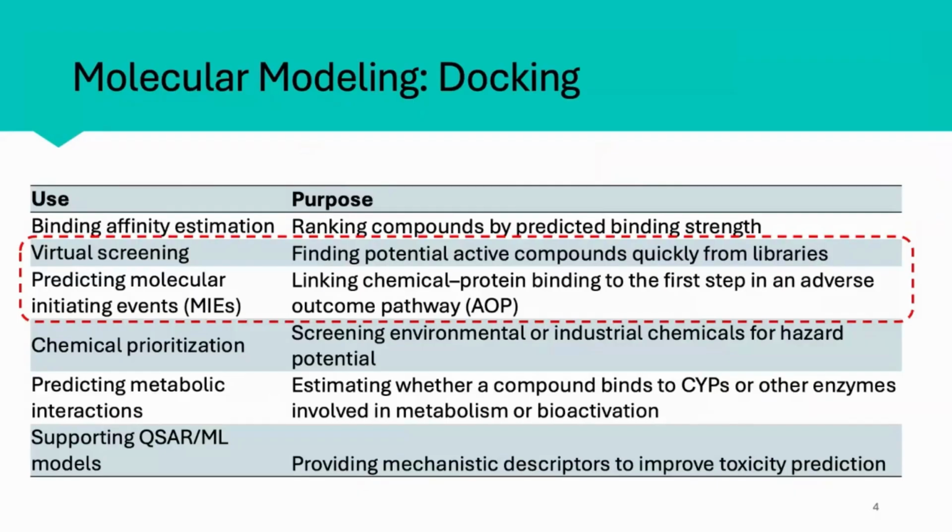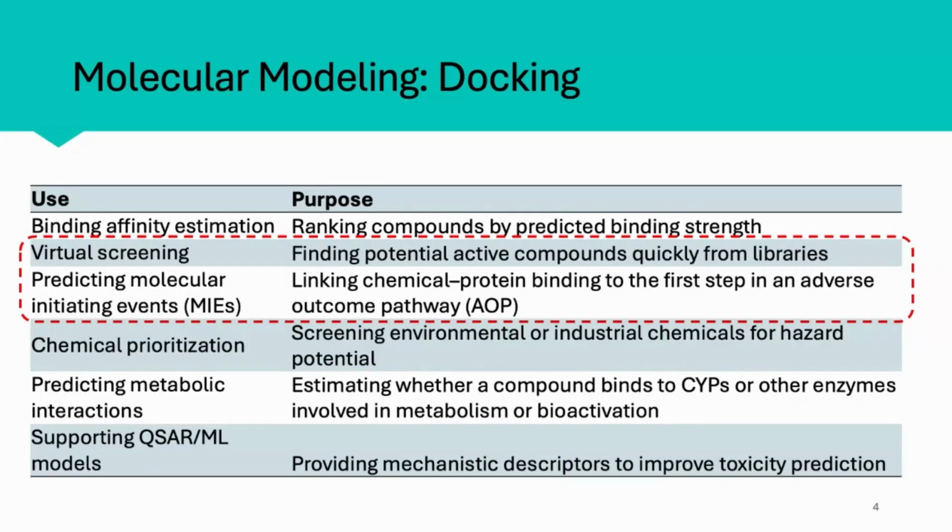Docking has a lot of different uses, especially in pharmacology, and there's emerging usage in toxicology as well. Some of those uses are shown on this slide. So they can be used for estimating binding affinities, as I mentioned before, for virtual screening across libraries of compounds, chemical prioritization.